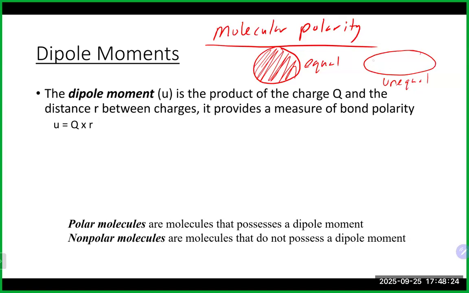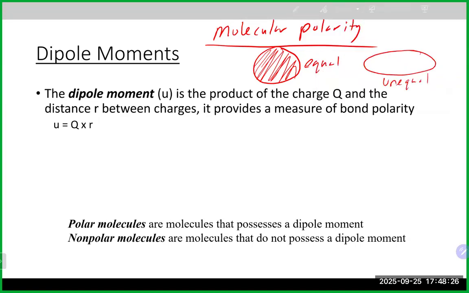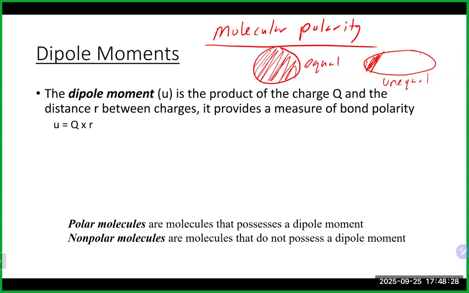So I guess if they're sharing unequally here overall, we'd have a lot more red on this side. Maybe not so much red on that side, right? So here in a situation where overall molecular polarity, we have overall equal sharing of electrons, that's going to result in a nonpolar molecule.